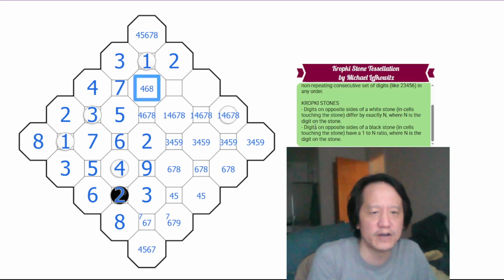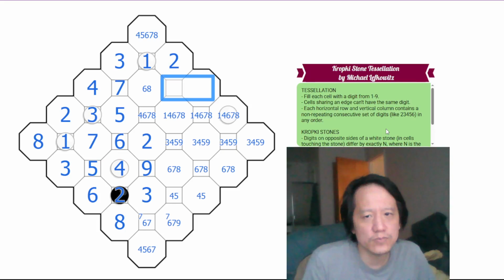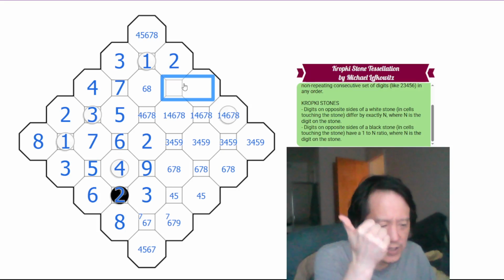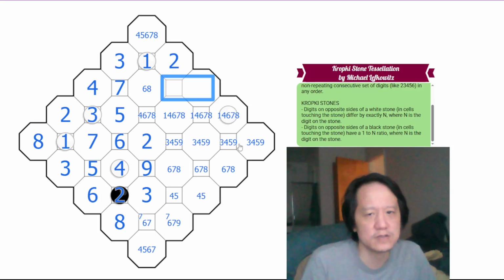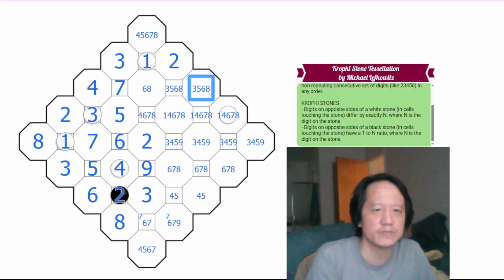This can't be 5 because of the 5 that it shares an edge with. This can't be 4 because of the 4 in the row. This has to be then, what are the remaining digits here? It must be either 3, 4, 5, 6, 7 or 4, 5, 6, 7, 8. So 3, 5, 6, or 8 here as possibilities.